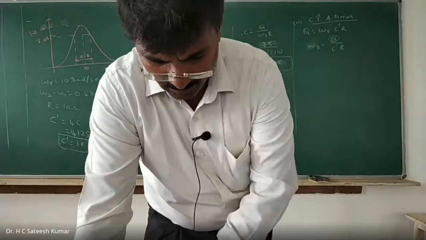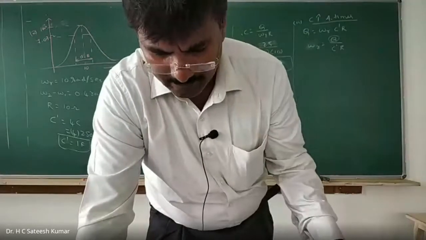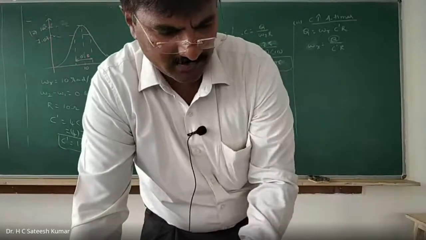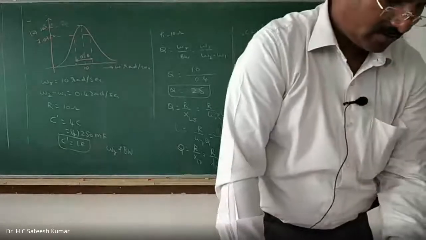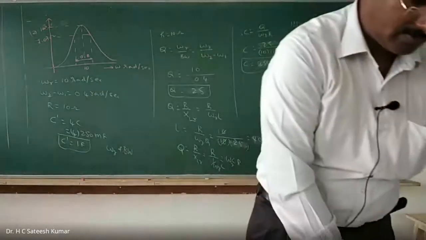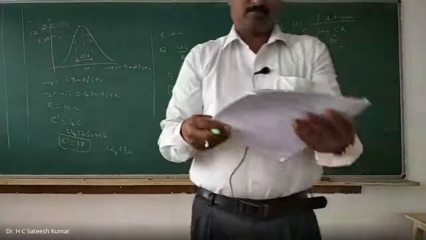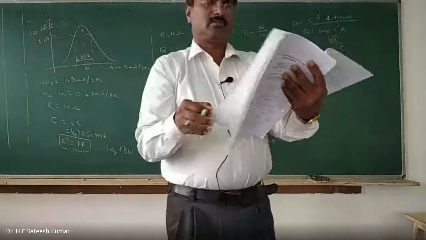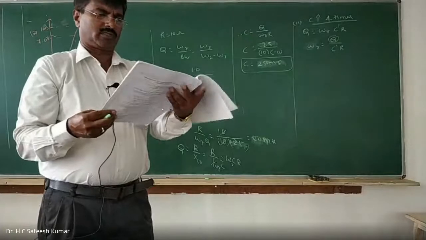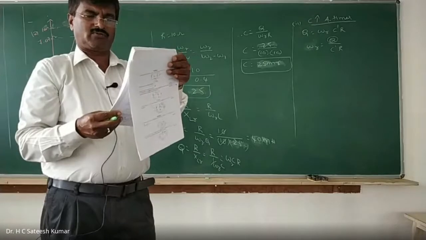Another examination problem we have here. Very few problems were asked on parallel resonant circuits. You see the examination questions. Find the value of L for which the circuit in the figure resonates at 5000 radians per second.